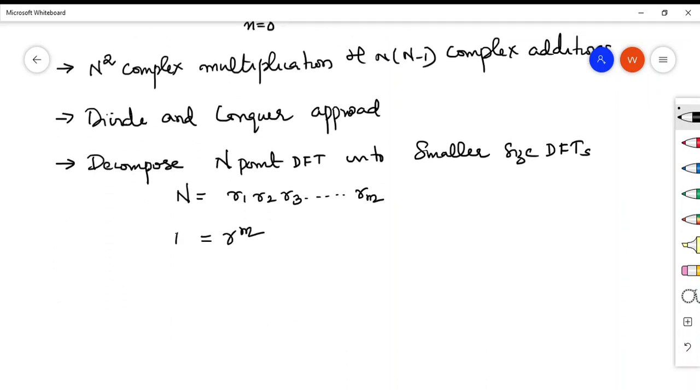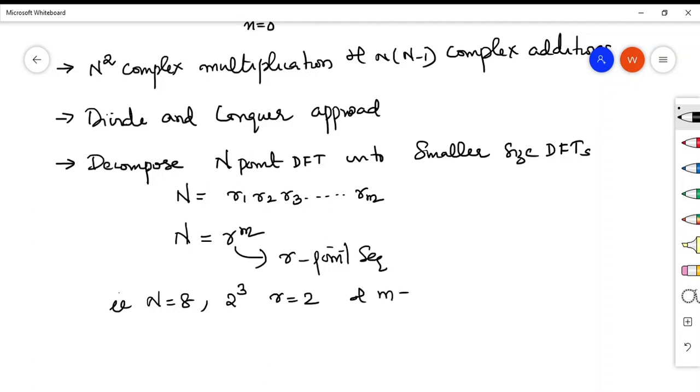So N can always be expressed as R raised to m, where R is the R-point sequence, and it will always be less than N, and m is the number of stages you have to perform. That is, if N is equal to 8, R raised to m means N will be equal to 2 raised to 3. So here R is equal to 2 and m is equal to 3.